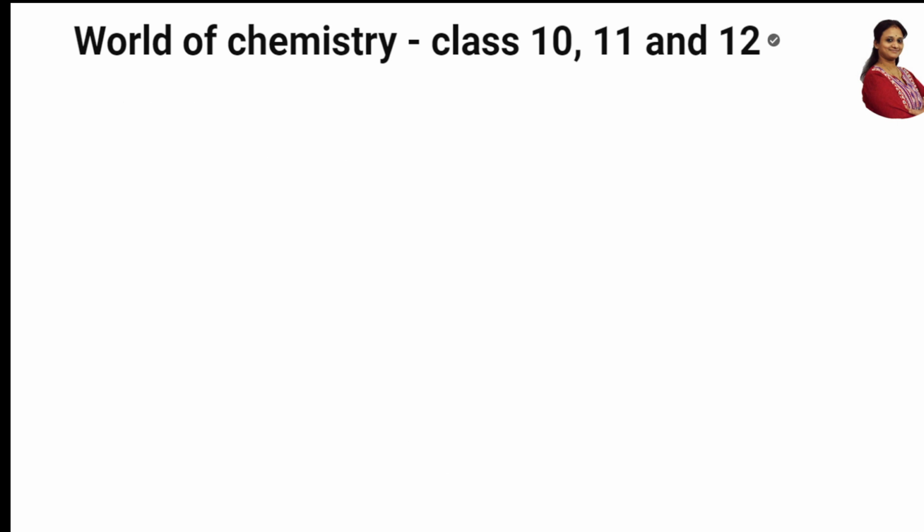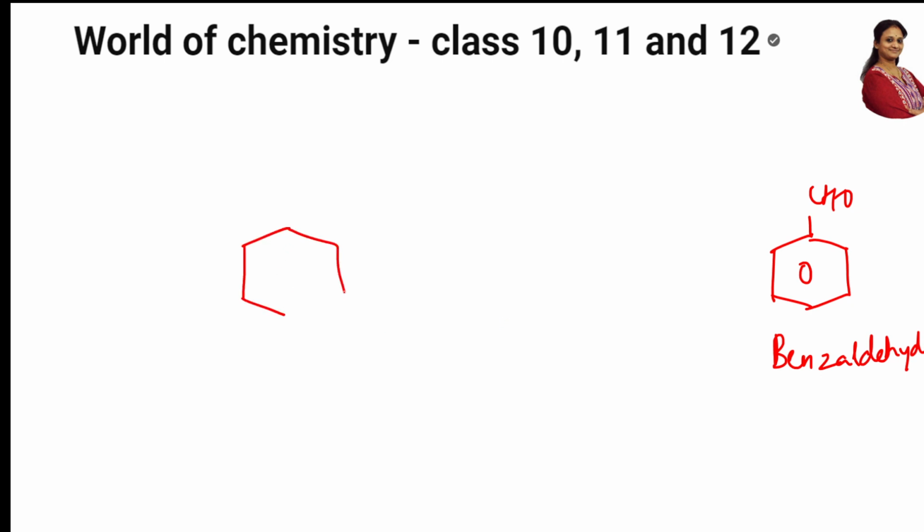So what is the procedure? First of all, let us go backwards in the reaction. My final product should be benzaldehyde, so I'm naming the compound benzaldehyde. Now go back. They said benzaldehyde can be obtained from benzyl chloride. That means one of the reactants is benzyl chloride.